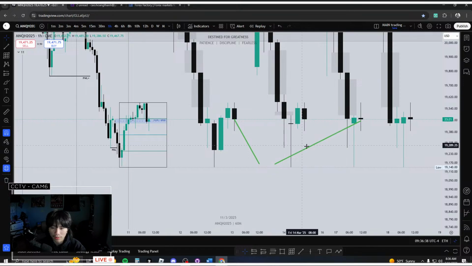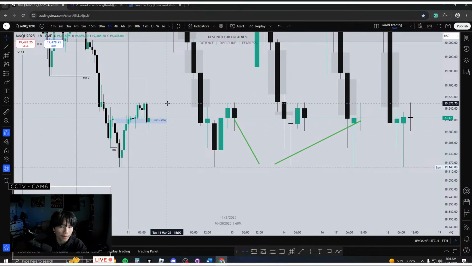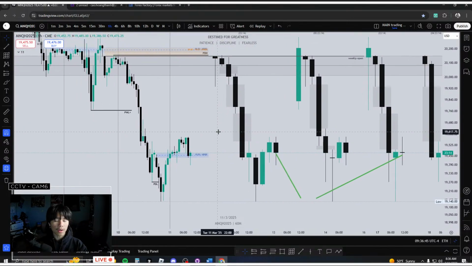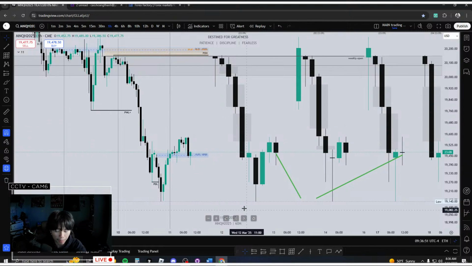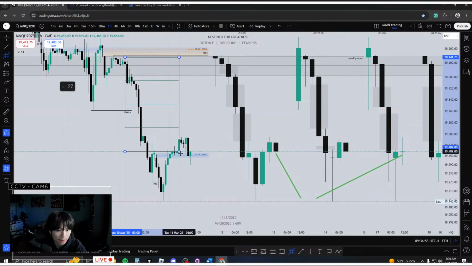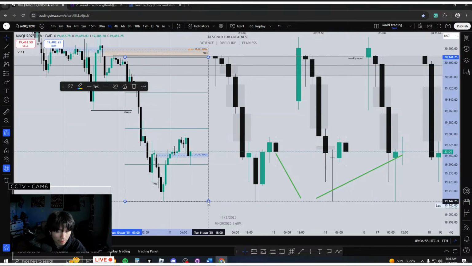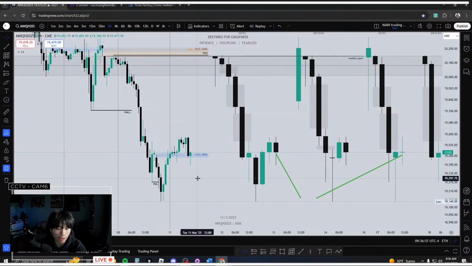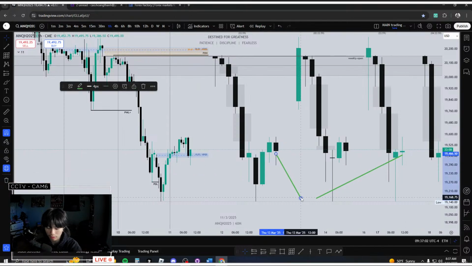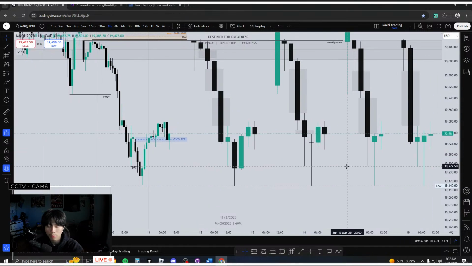But as of right now, they haven't closed yet, so I'll give it some time. I wish I had explained my thought process better to you guys, but as of right now, I'm not really going to force anything here. The weekly objective and daily objective have already been completed, so I don't want to force anything.